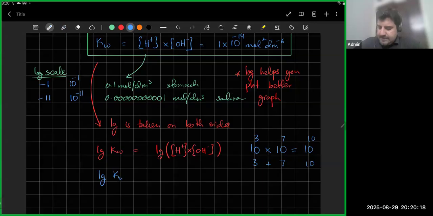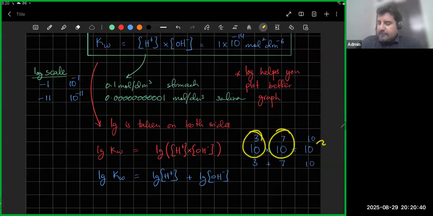So what's going to happen is you're going to have log of KW equal to log of H+ concentration, and the multiplication, in terms of log, is going to become addition. ठीक है, तो ये फिर से मैं clear करूं कि the actual numbers were getting multiplied, but the log expresses the values in powers of 10.